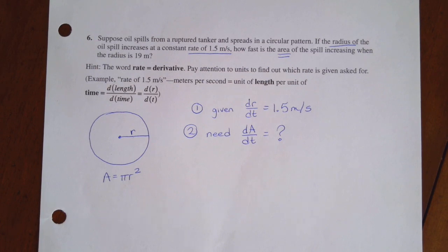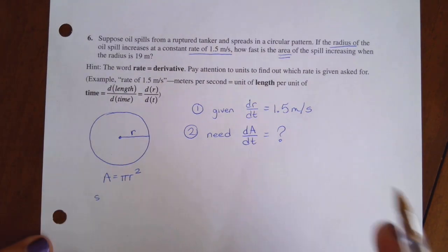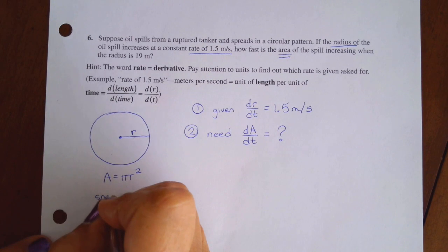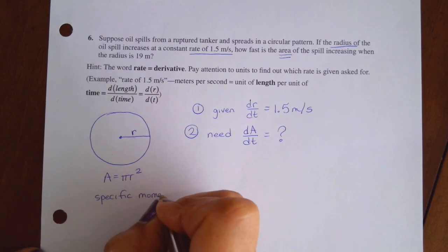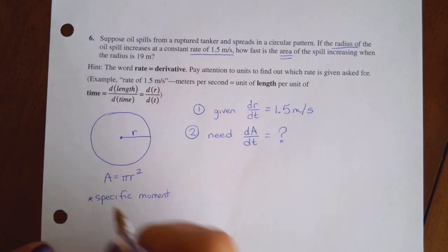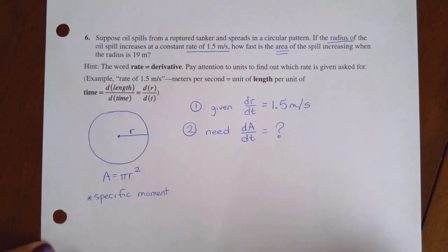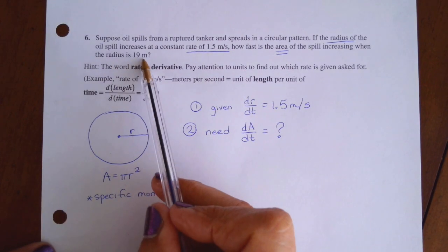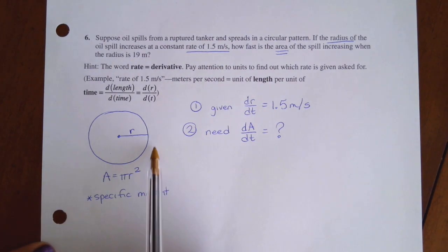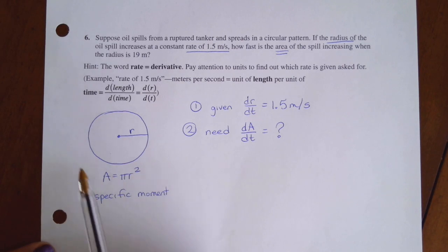The thing is, I have to do it at a specific time. I always write down somewhere else, not in my 4 steps, what my specific moment is. The specific moment in this problem is when the radius is 19 meters, because dA/dt will change at different times.